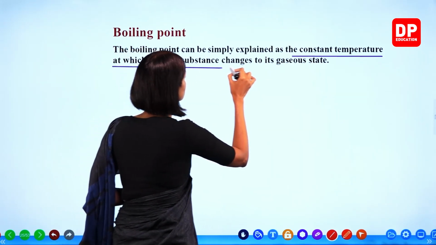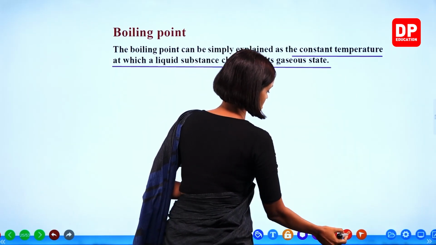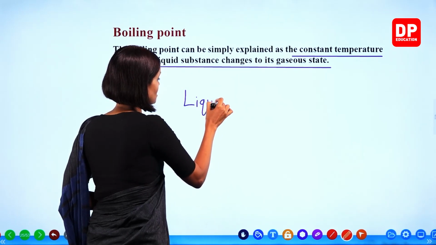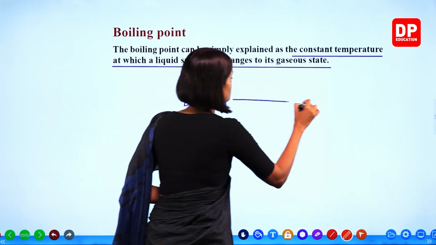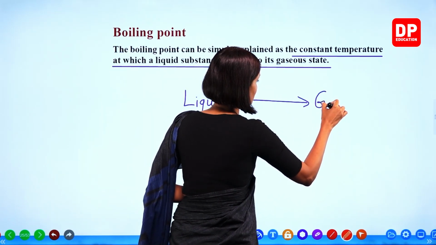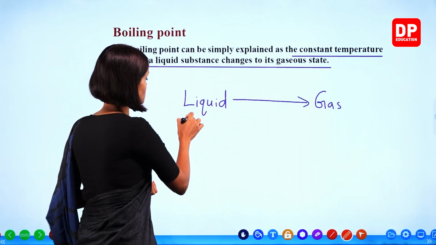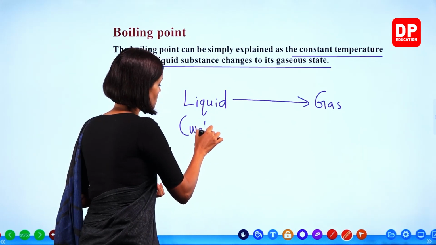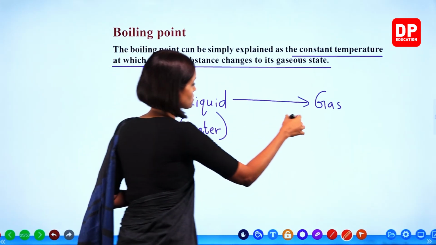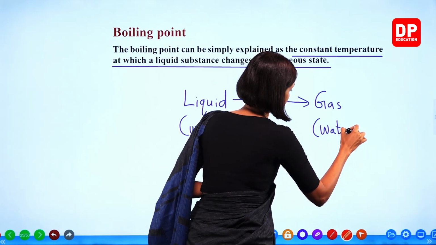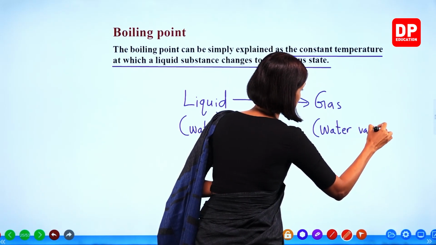At which a liquid substance changes to its gaseous state, which means in order to turn a liquid to its gas, we have to provide heat. We will consider if this is water, in order to convert to its gas, which means water vapor, what do we have to do?